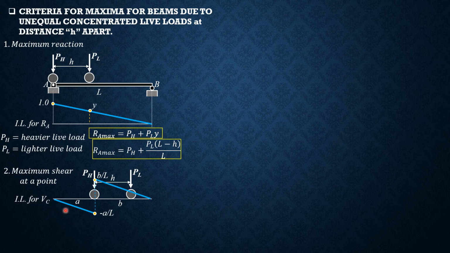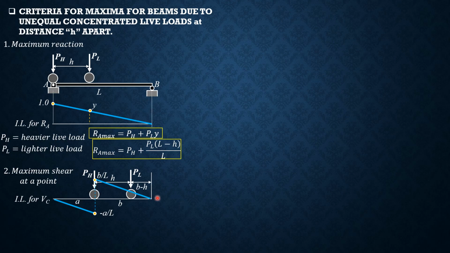However, if A is greater than B, then the heavier load should be over A over L, and the lighter load should be somewhere here, because the movement would be reversible, just like in bridges.